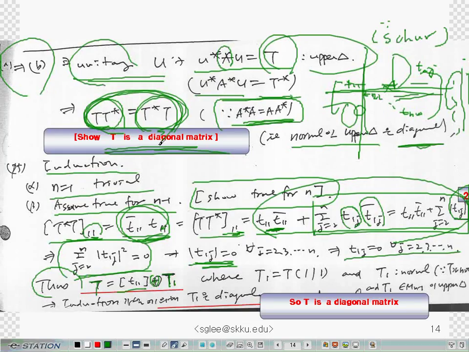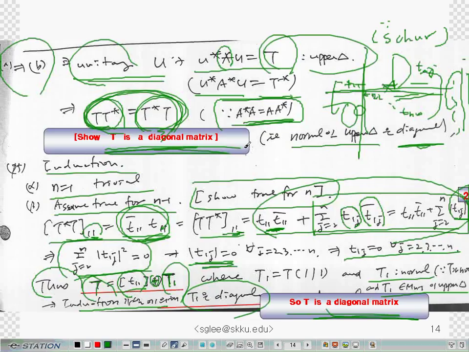So we can use mathematical induction because this is a normal matrix with a smaller size. By the induction hypothesis, T_1 is diagonal. This is a 1 by 1 matrix direct sum with a smaller-size diagonal matrix. So T has to be a diagonal matrix, isn't it? Very simple, nice, clear proof showing this T is a diagonal matrix.